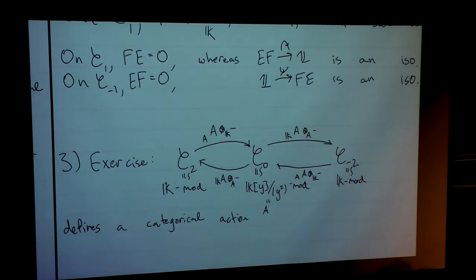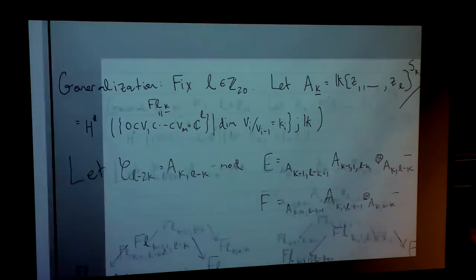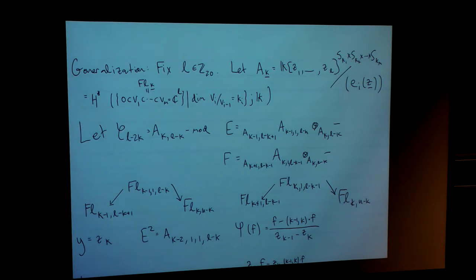Okay, so I'm out of time. The next thing I was going to do, which I guess we'll talk about next time, is a generalization of this SL2 action, where instead of this, I can do a more general thing.